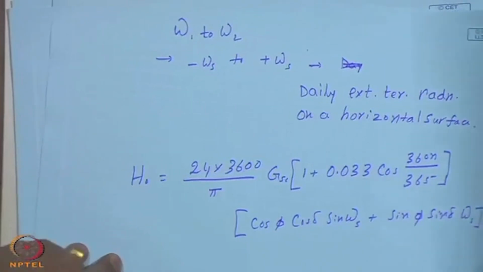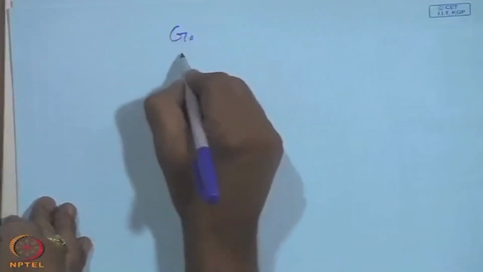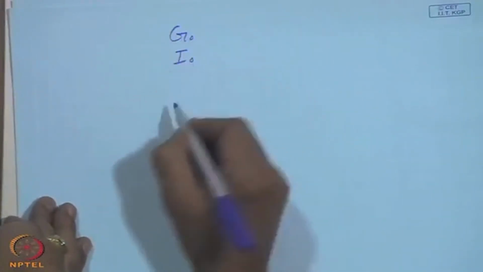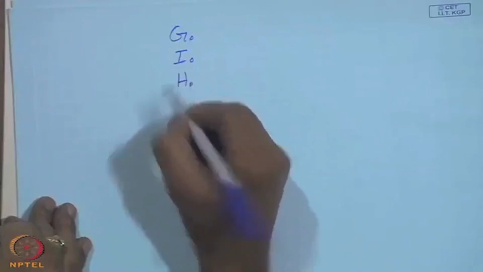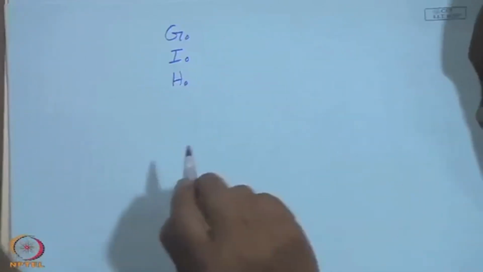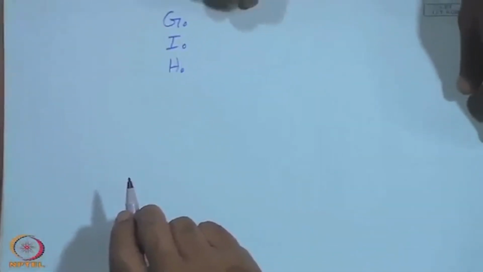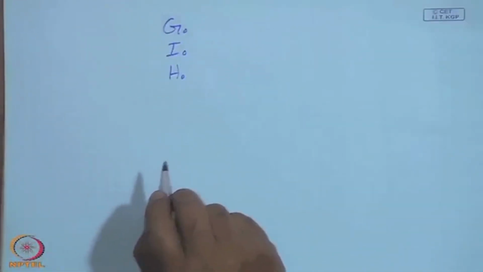Okay. So, now what we can do? We can calculate G 0 at any instant, I can calculate I 0 and I can calculate H 0, for any instant and for a given time interval t 1 to t 2, it can be an hour.